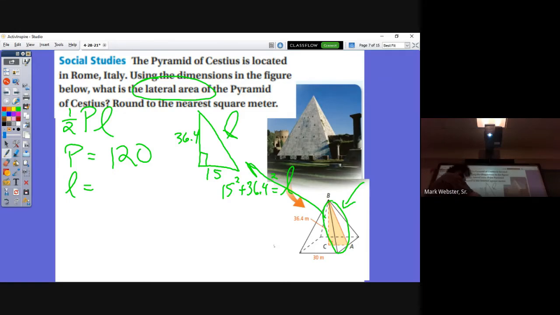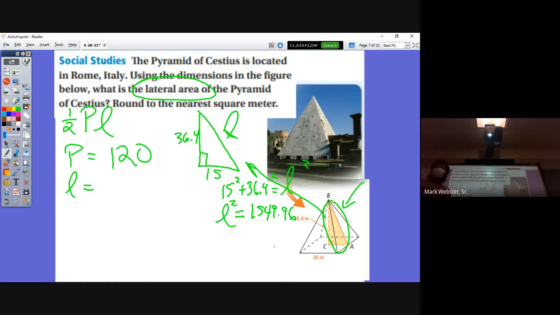So I'm going to square those. 15 squared is 225. 36.4 squared is, well, let's find out in the calculator. When we square those and add them up, we get 1,549.96.